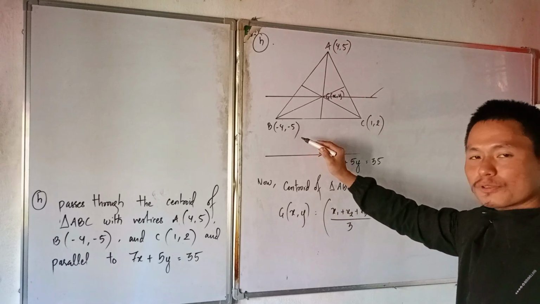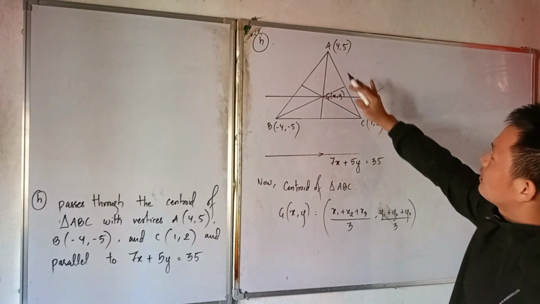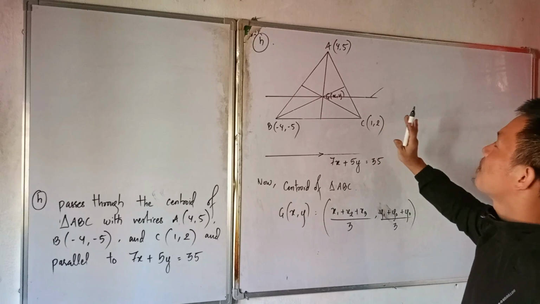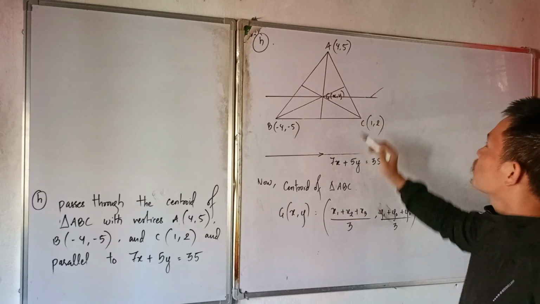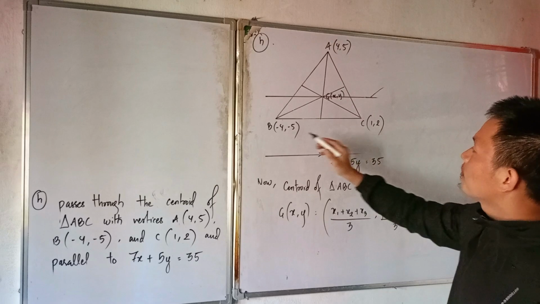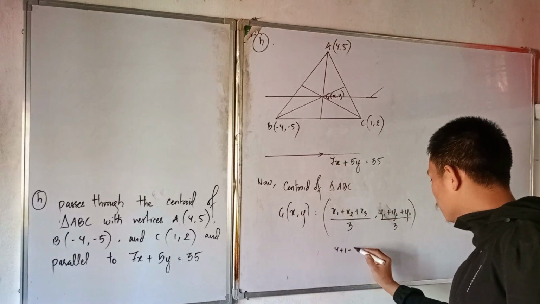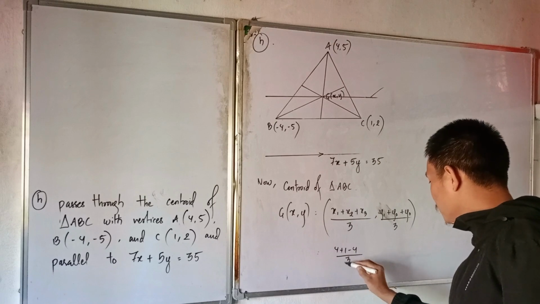You can suppose whatever direction you want, it doesn't matter. So x: 4 plus 1 plus minus 4, divided by 3.